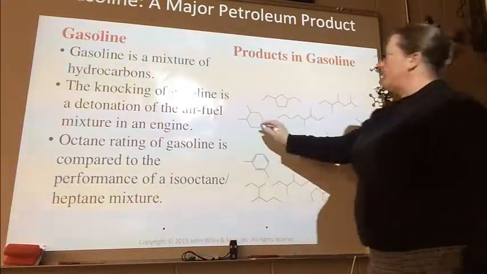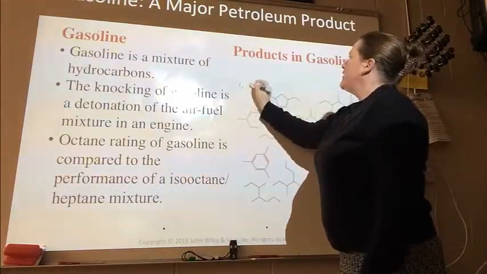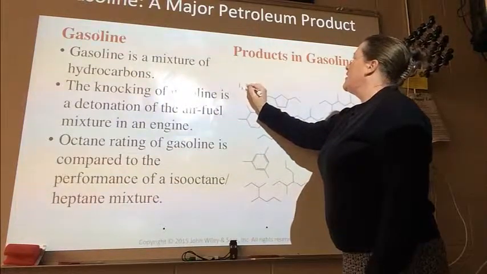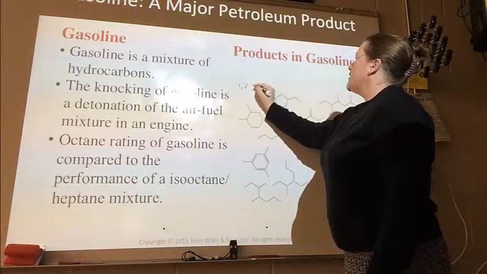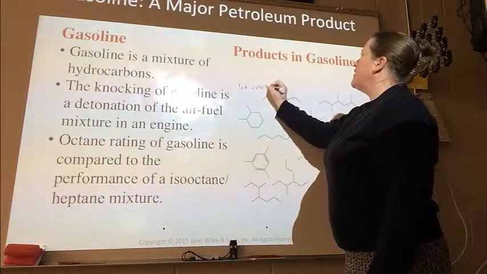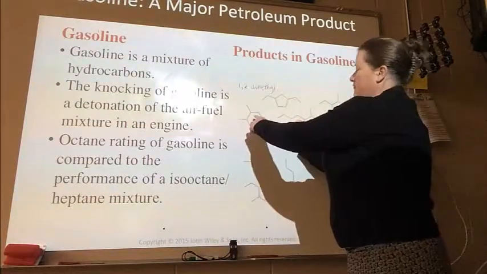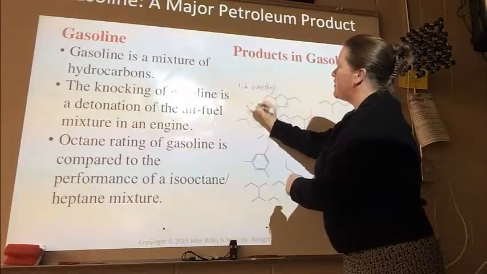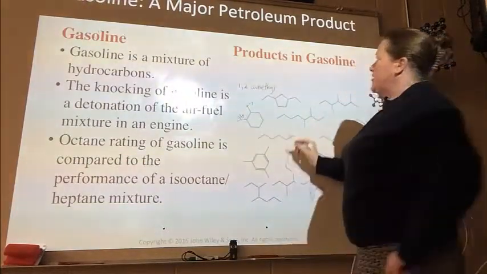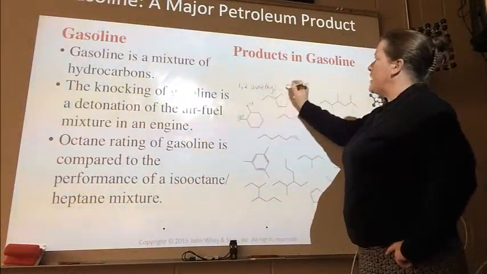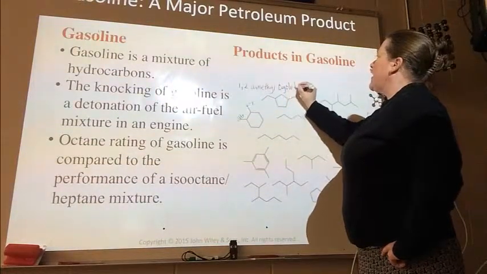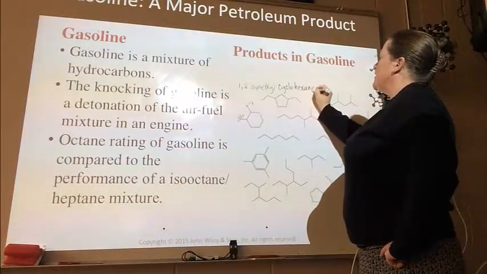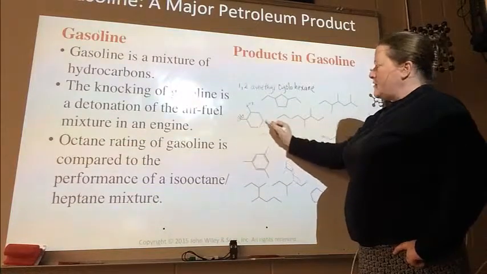So the name of this would be 1, 2 dimethyl, because each of these is a carbon group, remember, and each carbon is going to have 3 hydrogens. So 1, 2 dimethylcyclohexane. Cyclo because it's cyclical.